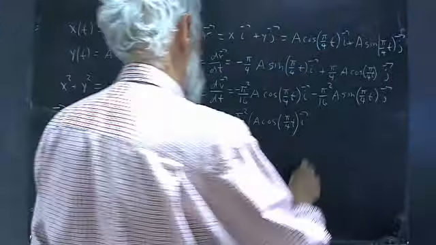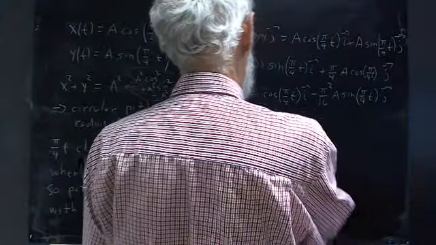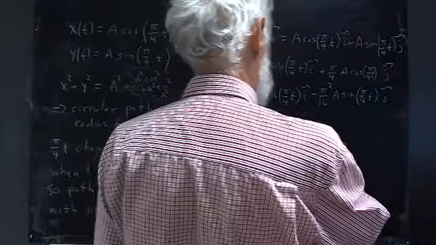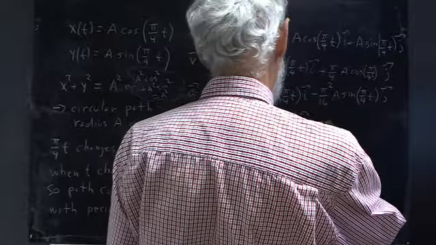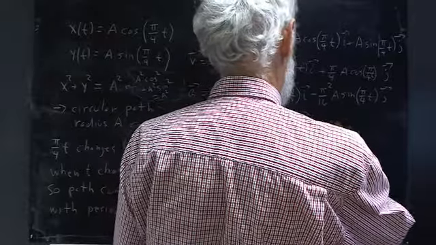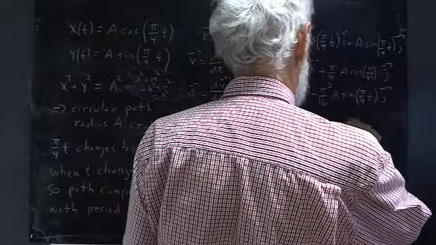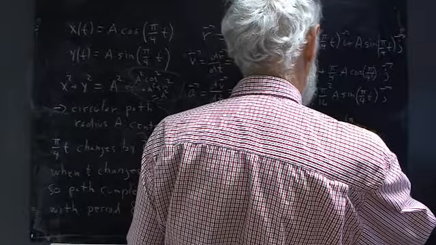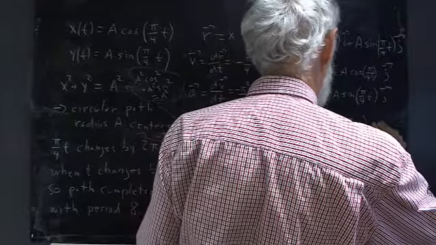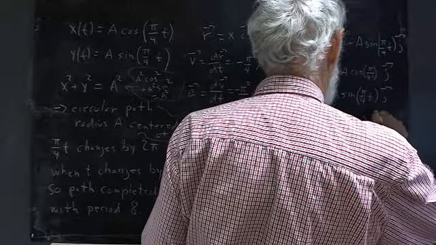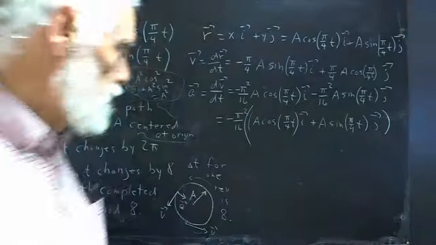You'll understand this. I'm going to put another set of parentheses here so I can make this plus a sine of pi over 4t times j, close the parentheses.